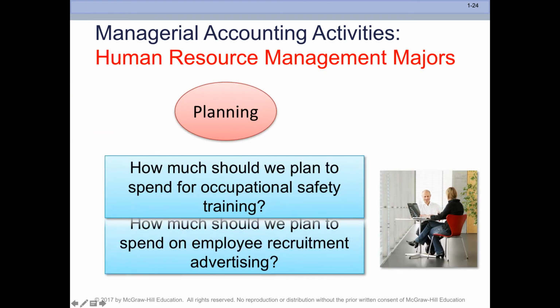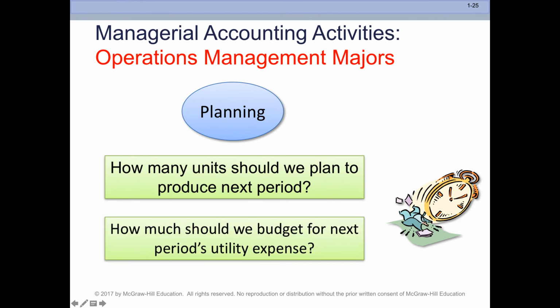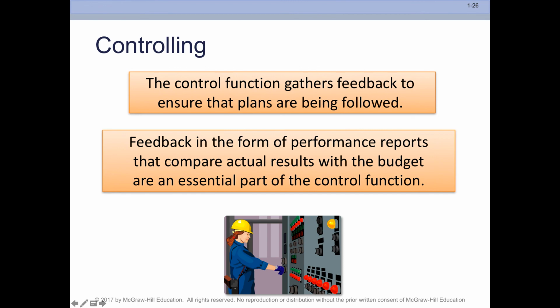In HR, you're planning for different resources. In operations, you're going to be looking at different products and producing those. So controlling would be the next step after we're planning. Let's take a look. We've got feedback reports to show us how well we've done according to our plan, because a plan is just that, it's just a budget.